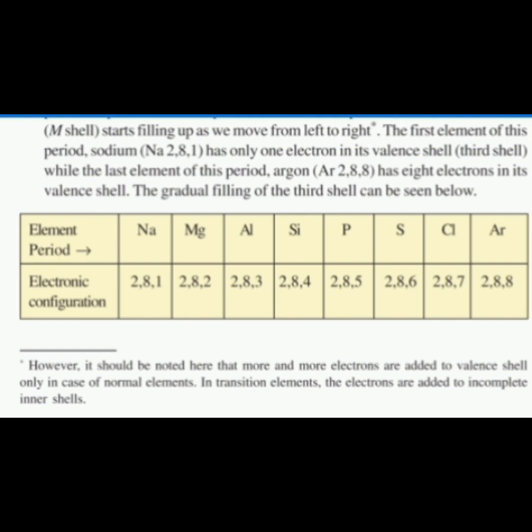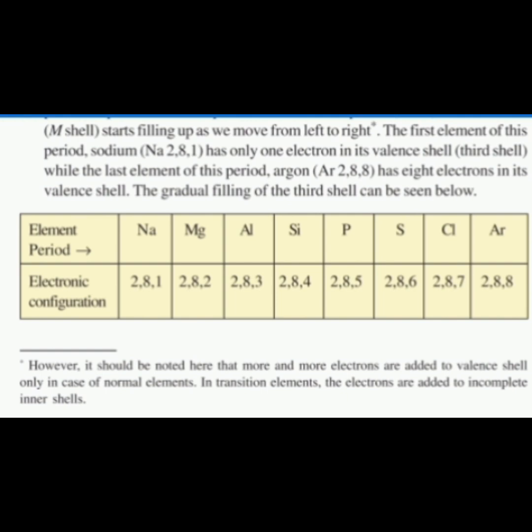The first element of this period, sodium, that is Na 2,8,1, has only 1 electron in its valence shell, third shell, while the last element of the period, argon, that is Ar 2,8,8, has 8 electrons in the valence shell. This gradual filling of the third shell can be seen below.